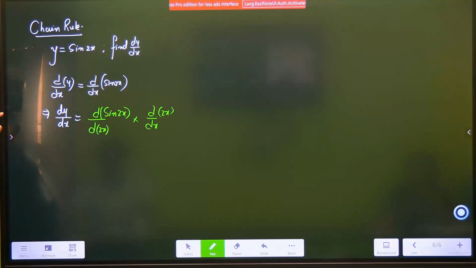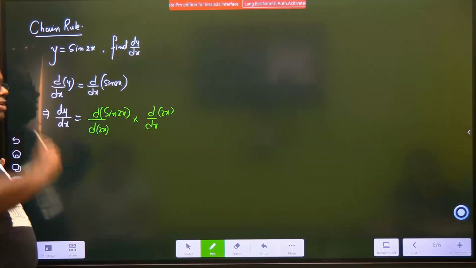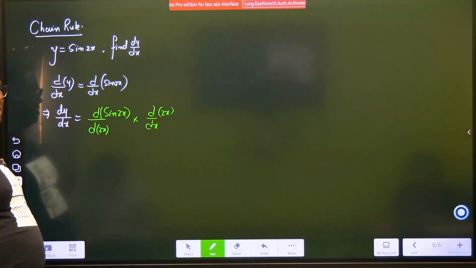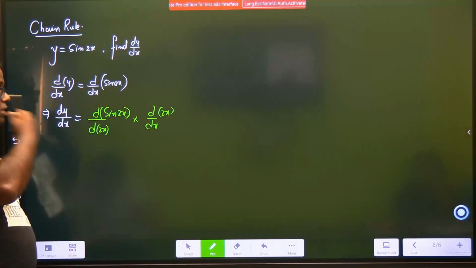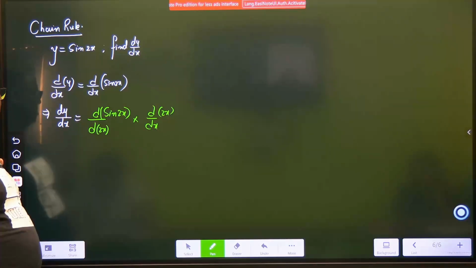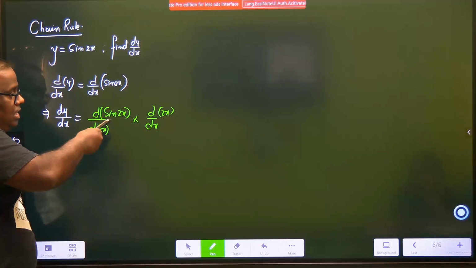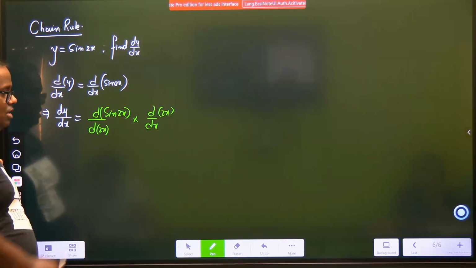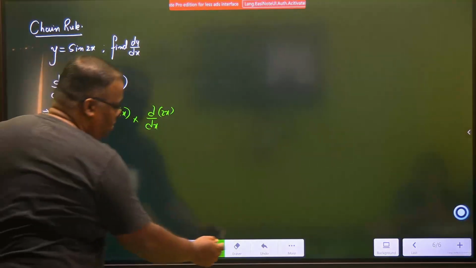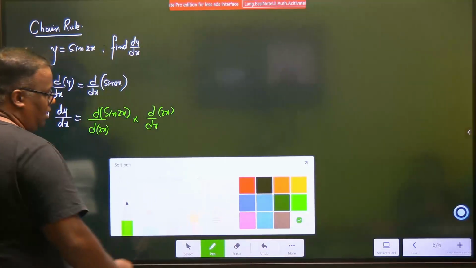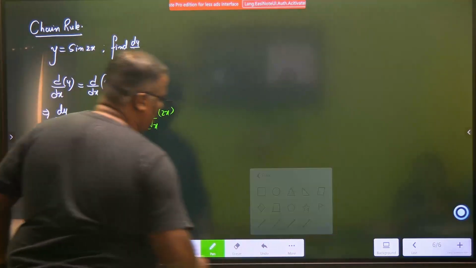Okay, once again. A 2x cannot be differentiated with x. 2x is a dog. So you have to bring a dog here. But you are supposed to differentiate with respect to x, not dog. So you took dog on top. This and this cancels or not? In your mind, don't you think it is something like this?